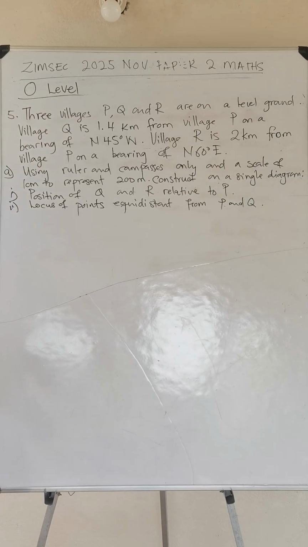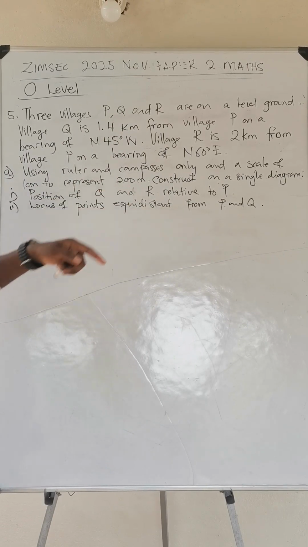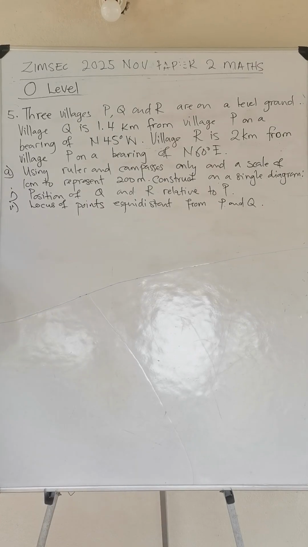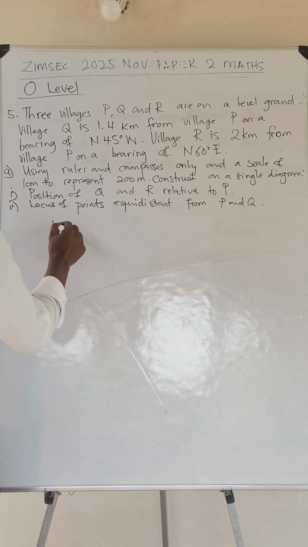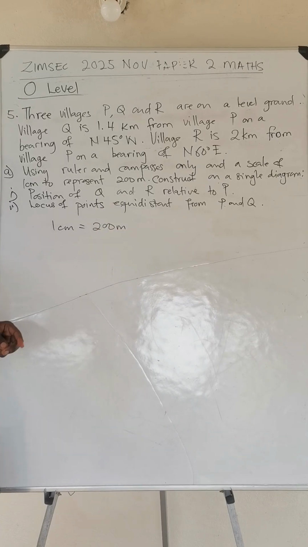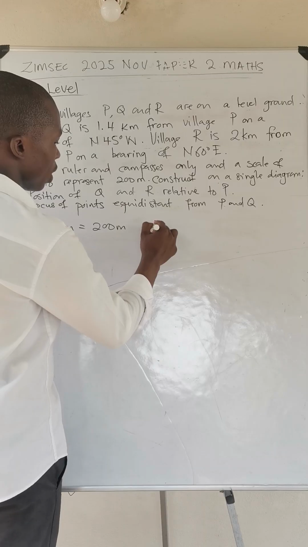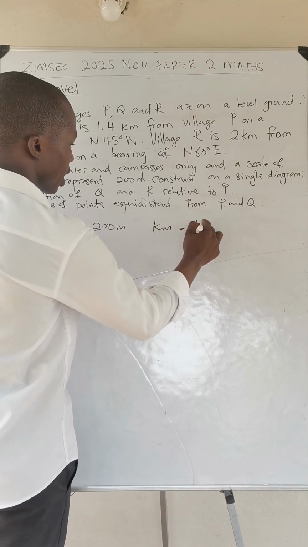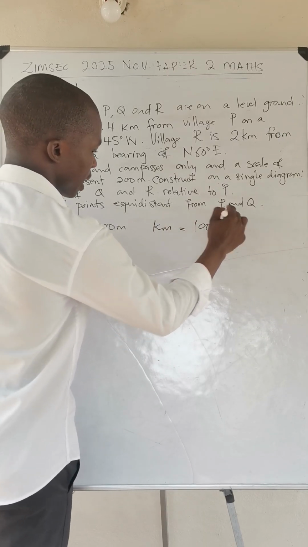Okay, it's very clear. So let's first convert our scale to kilometers. How many centimeters represent 200 meters? Here 1 centimeter is equal to 200 meters. But we all know that 1 kilometer is equivalent to 1,000 meters.